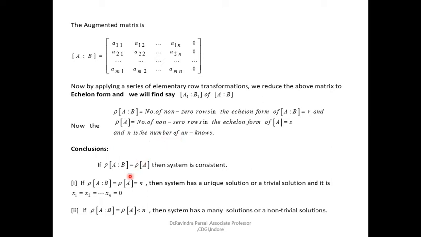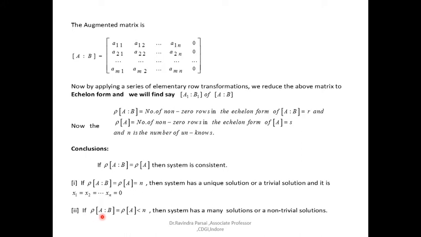Now we draw the conclusions from the above. If the rank of the augmented matrix equals the rank of the coefficient matrix, then the system is consistent. In a consistent system we have two categories. One has a unique solution: when the rank of the augmented matrix equals the rank of the coefficient matrix equals the number of unknowns, then the system has a unique solution, or trivial solution, which is always of this type: x1, x2, x3 all equal to 0, the zero solution.